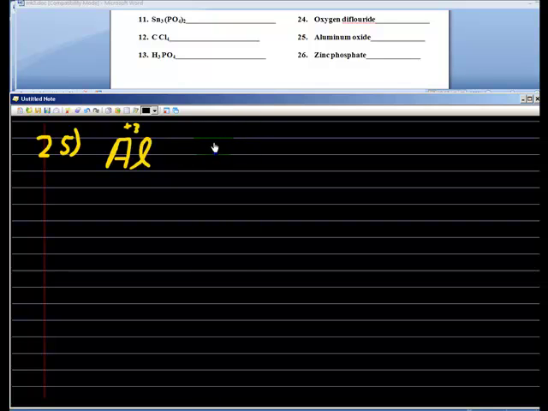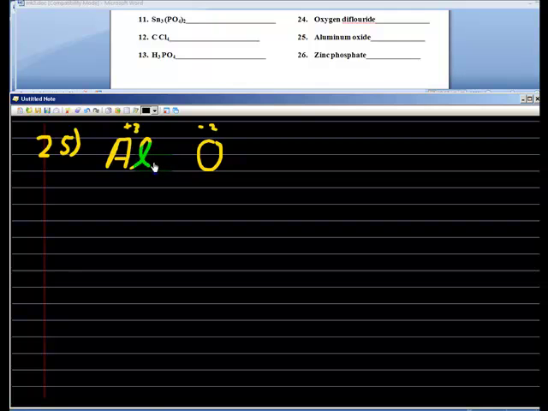Oxide is oxygen. Oxygen is going to assume a -2, so it's going to absorb 2 electrons. You'll notice aluminum gives up 3 electrons. Oxygen takes in 2 electrons. There's not a spot available for that 1 more electron from aluminum, so that's not going to work.